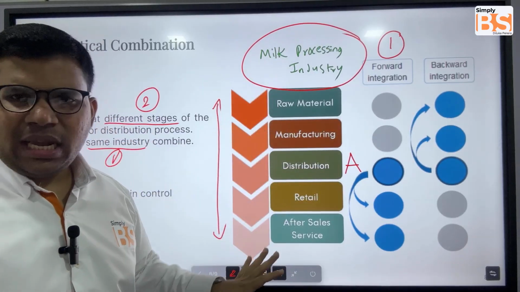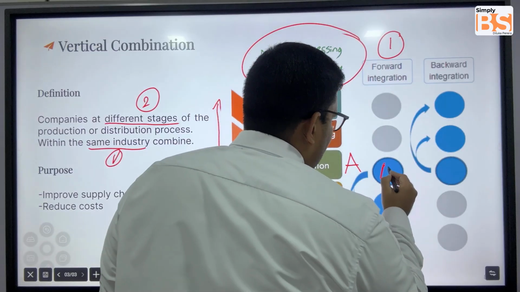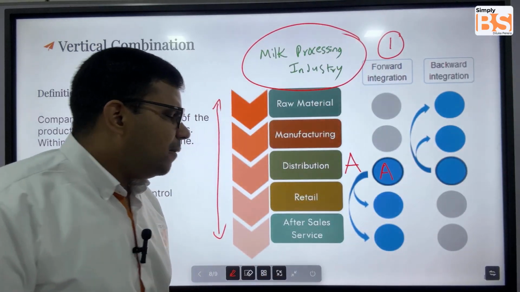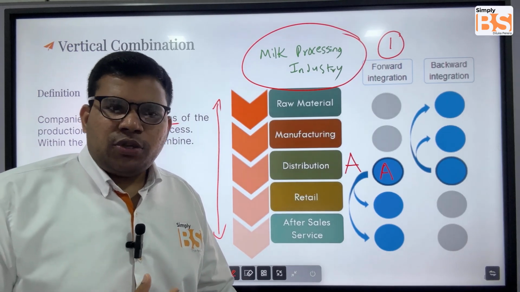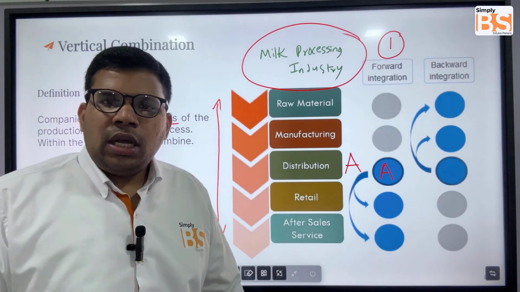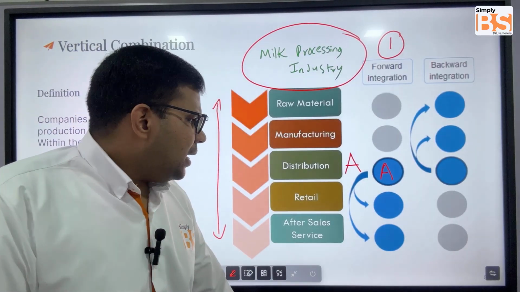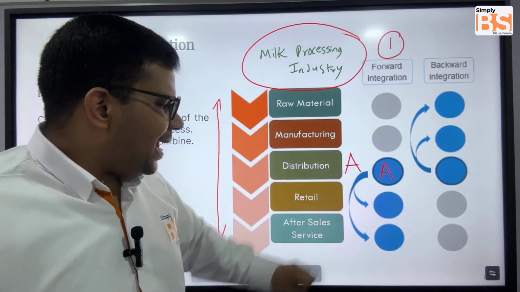As I mentioned earlier, distribution means transporting the processed milk to different locations, different supermarkets, and different shops.